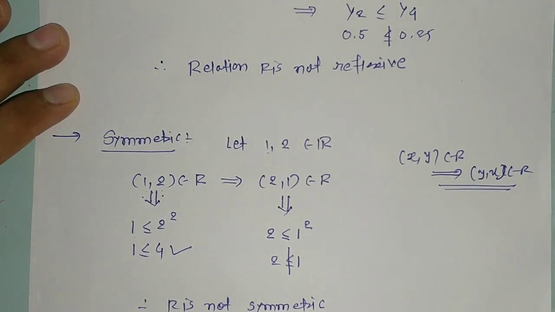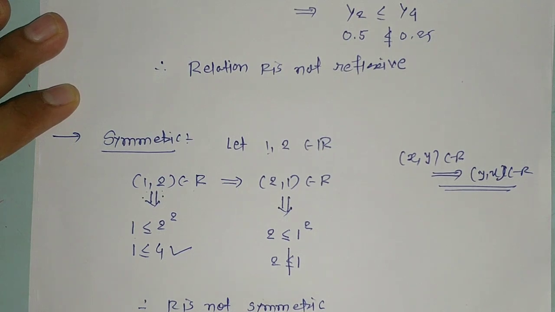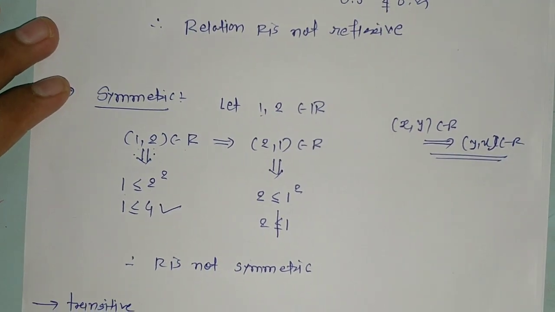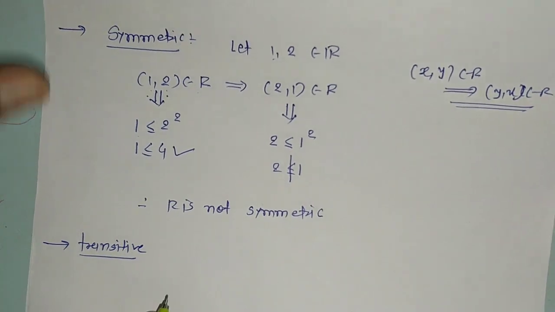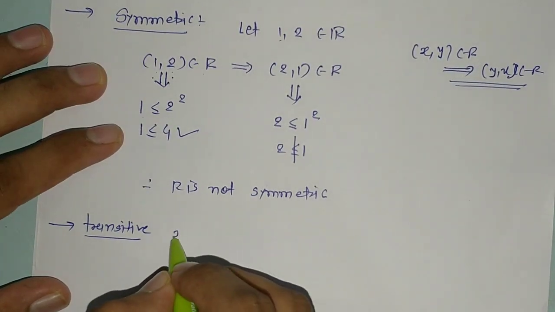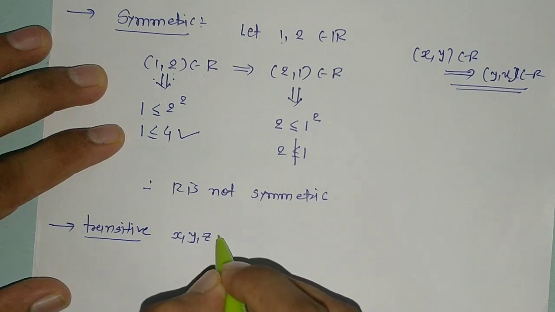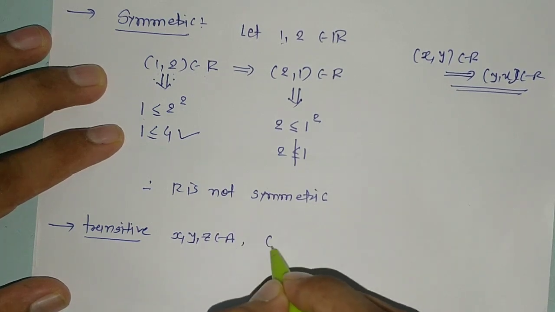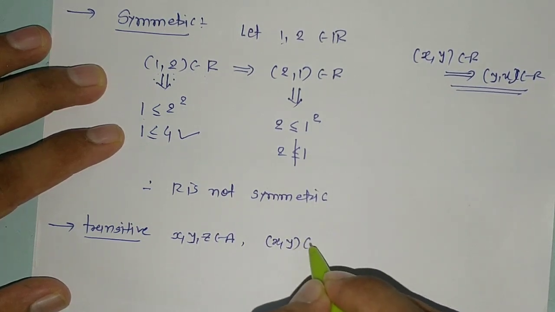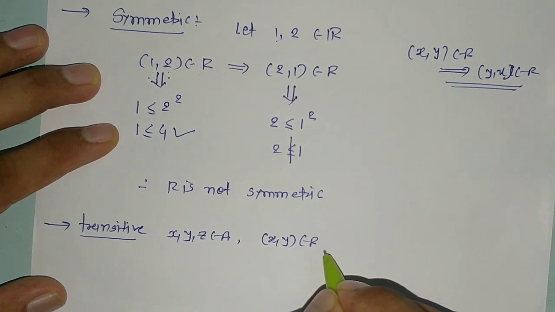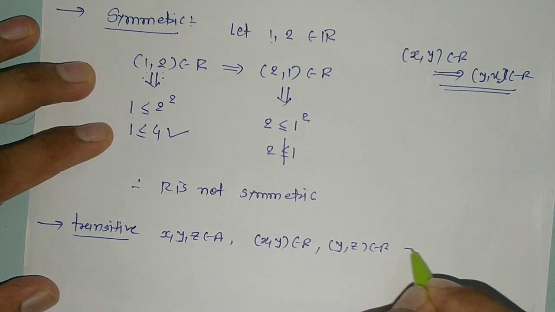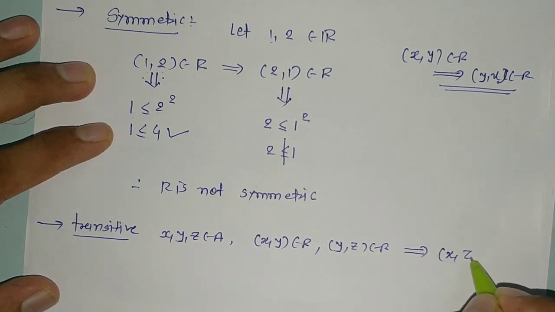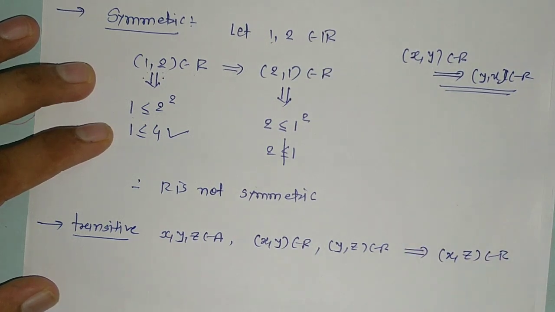So for transitive, let's take two pairs as per the definition of transitivity: if x, y, z belong to the set, and if I find two pairs (x, y) in the relation and (y, z) in the relation, then it must apply that (x, z) must be in the relation.